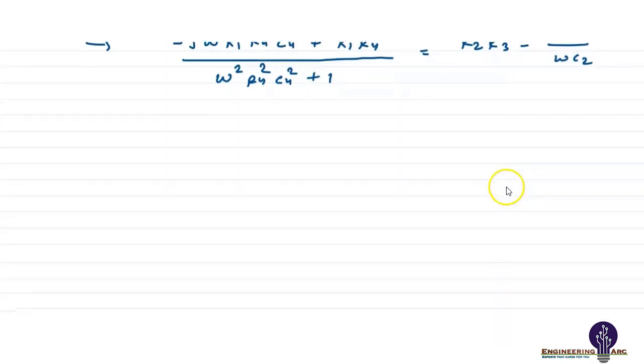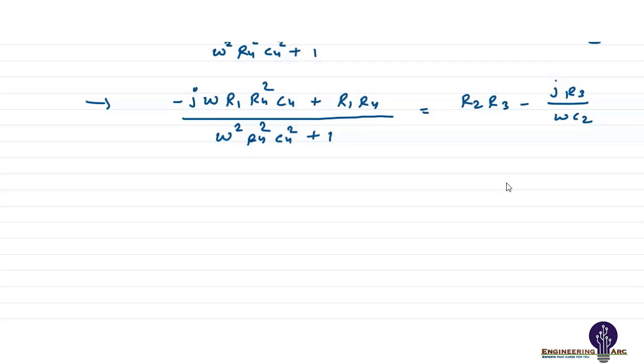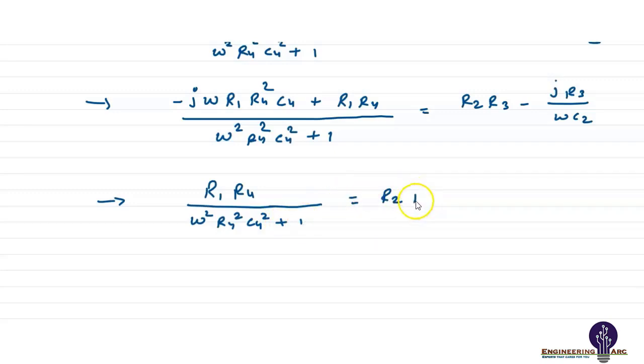So now equating the real and imaginary components, first the real component. The real component will be R1 R4 upon omega square R4 square C4 square plus 1 equals R2 R3. This is our real component, equation number one.